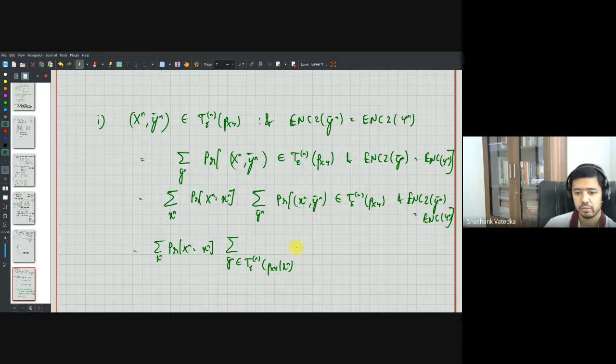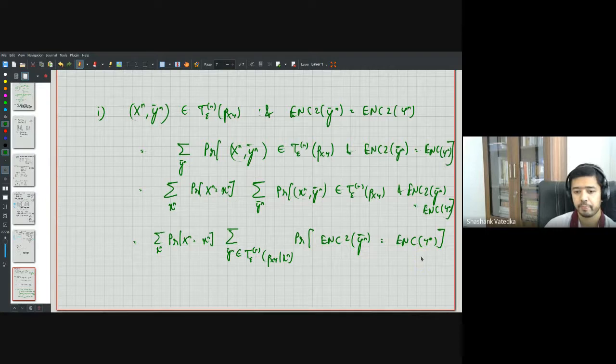So this is the probability that the encoder encodes yn bar to the same code word as yn. Correct?